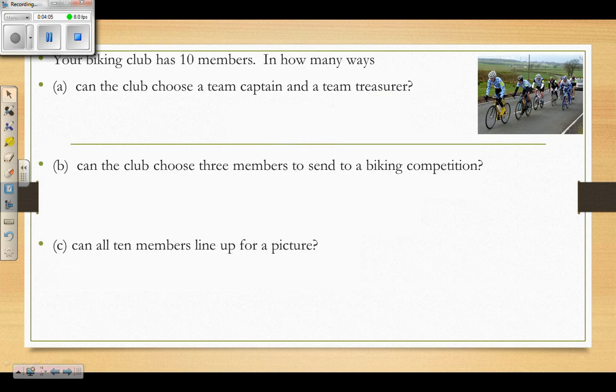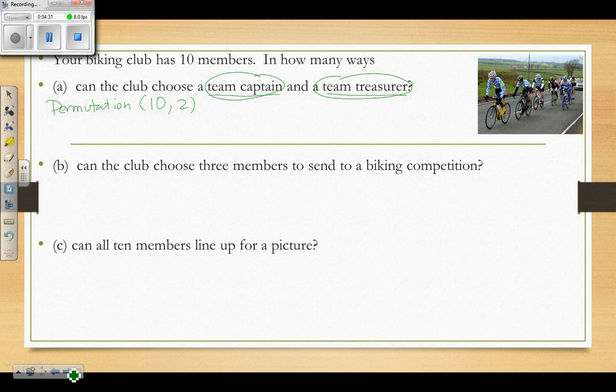Okay, your biking club has 10 members. In how many ways can the club choose a team captain and a team treasurer? I know that this is going to be the permutation of 10 taken 2 at a time, because these are rankings. A team captain and a team treasurer are 2 different positions.